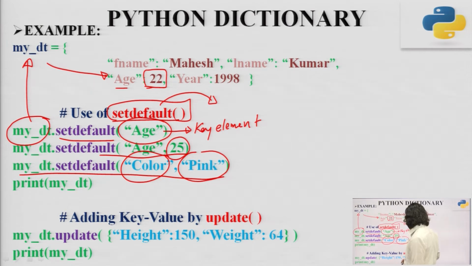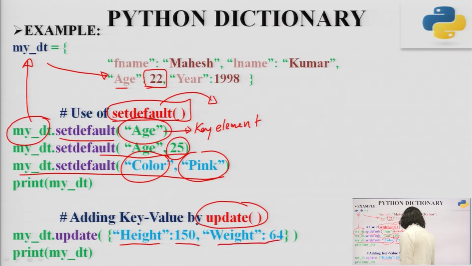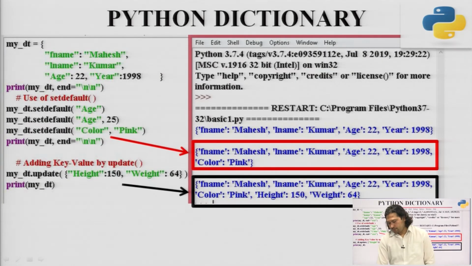The next thing is, again we are going to add key value pairs, with the help of the update method. With the update method you can add more than one key value pair, and here you can see that we are adding the height as 150, the weight as 64, and ultimately we are going to print the myDT variable in which we have performed these method statements.